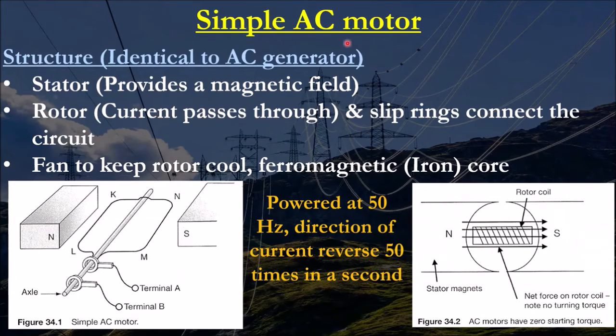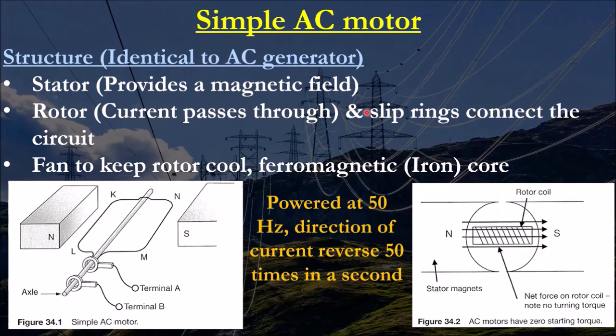If we look at a simple AC motor, it essentially has the exact same structure as a DC motor, besides one feature, and that feature is this slip ring commutator. That's the only thing that's different.